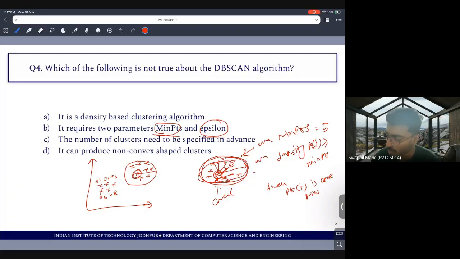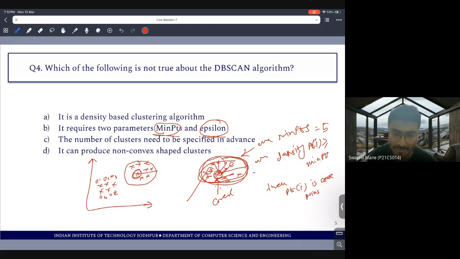So also we are calling these points border points, which are the border of the core points. I hope you guys understood, right? While doing this, by learning from the distribution, it automatically gives a number of clusters; that is not in the user's hand. The user does not provide how many clusters we want.